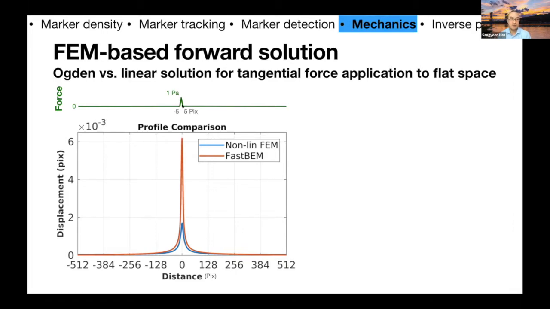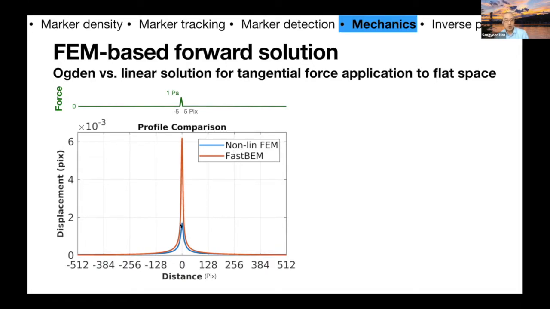This is just a 1D representation of the 1 Pascal peak, okay? And then we calculated the displacement profile using the linear analytical solution, called boundary element method, fast BEM, or nonlinear FEM. Here we show that we use the same Young's modulus, as the initial modulus for this nonlinear FEM.